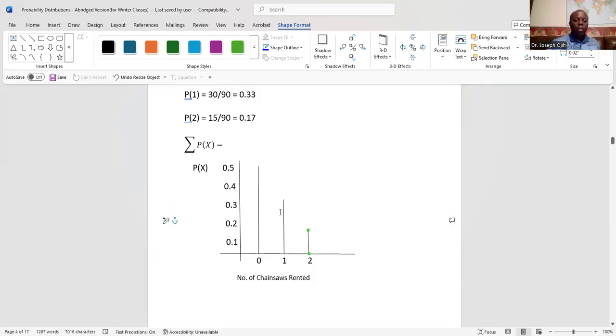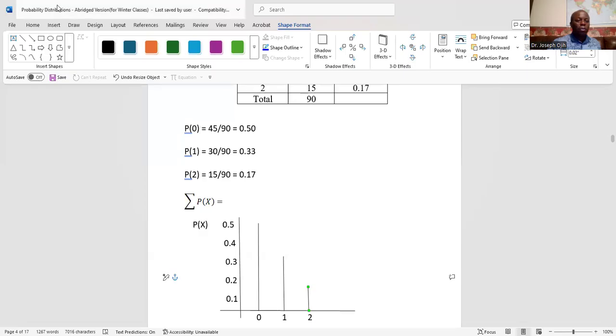Now we can close the gap to form the histogram. 0.5, so it's right here. Okay, 0.3. I'm drawing a little bit sloppy, but yeah.